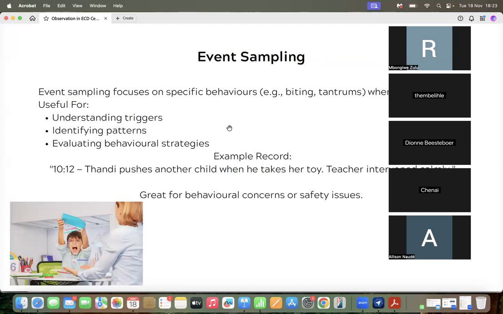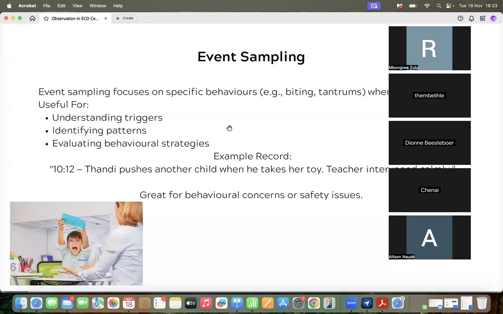And then this is event sampling. This is one of my favorites. I like this. Event sampling is focused on a specific behavior, for example, biting, throwing tantrums, even in some cases bullying.